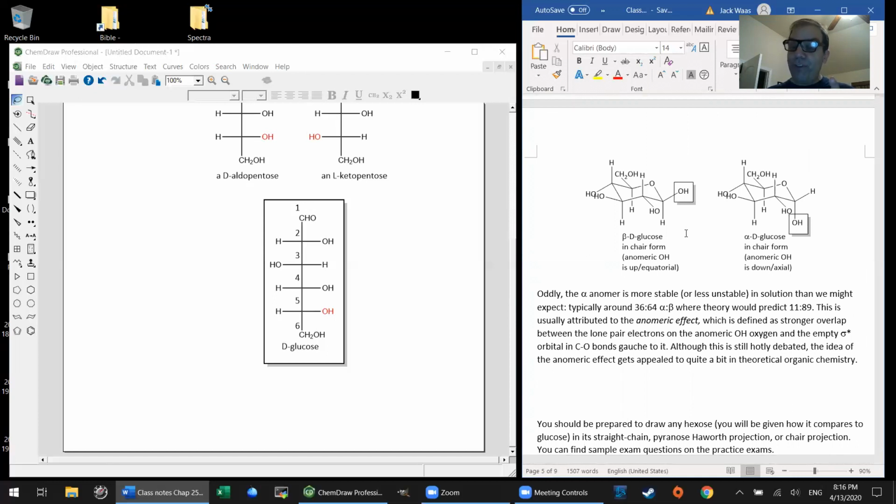So I will expect you to know how to draw glucose in the open chain form, how to draw it in the two pyranose forms using the Haworth projections, and also how to draw the two pyranose forms using chair forms, like you see here.